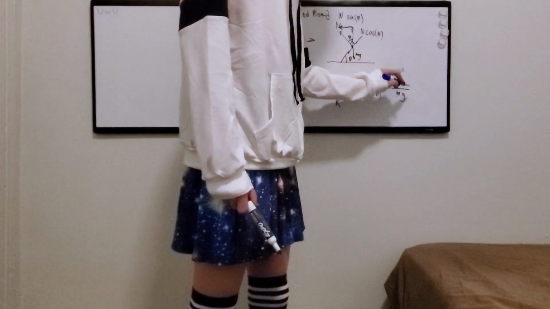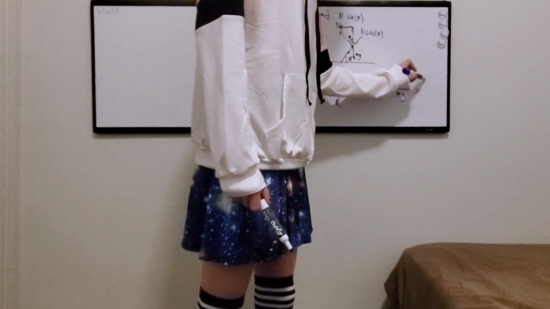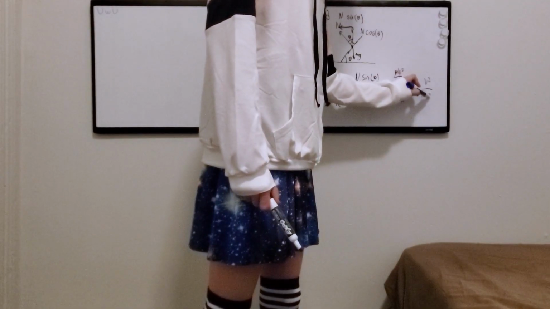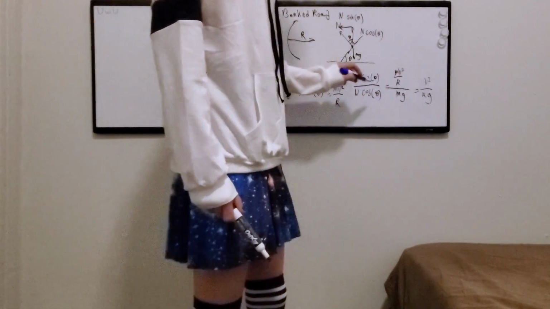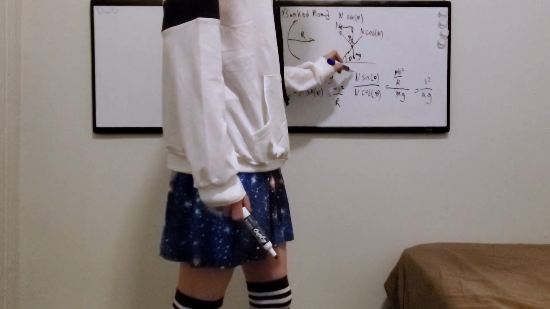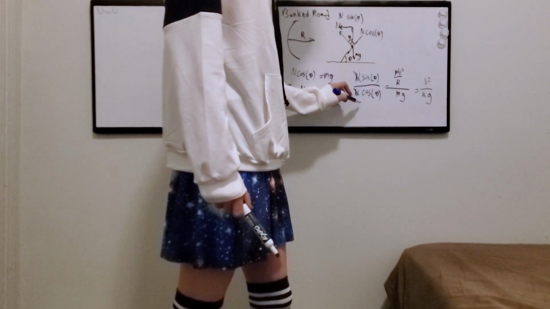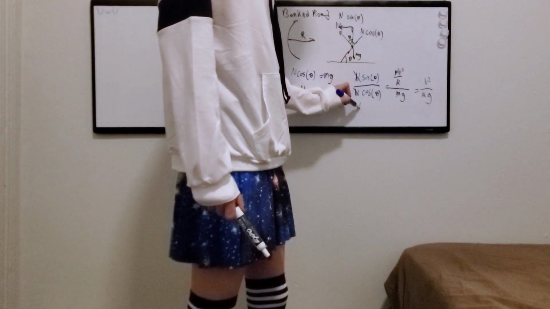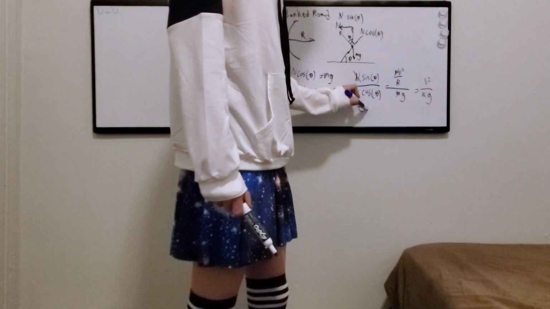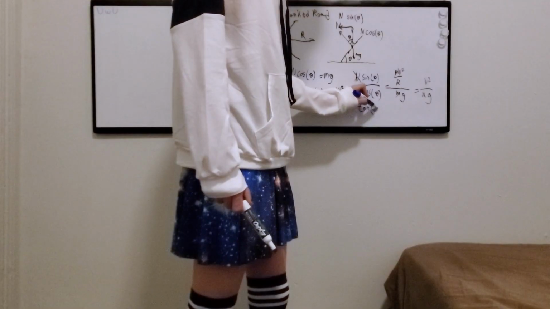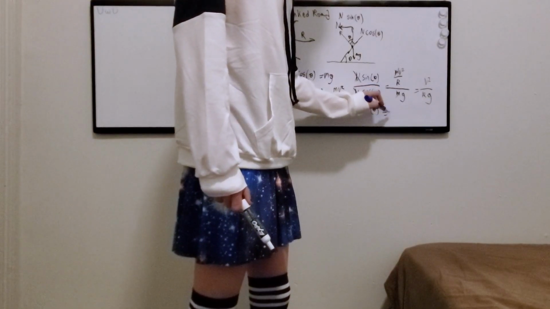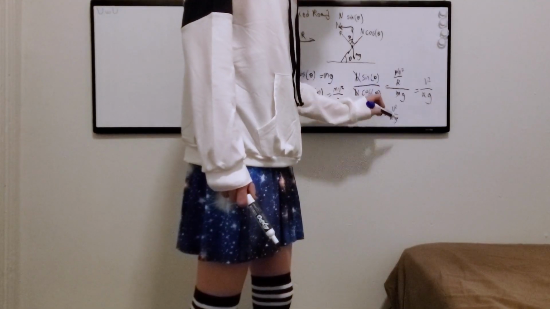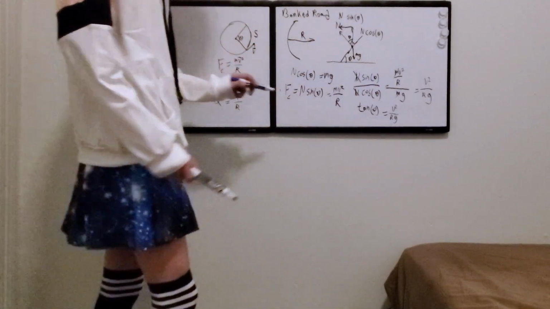These m's cancel, and then you get v squared over r times g. And so these N's here will also cancel, and sine over cosine, from a trig identity, is equal to the tangent of theta, and that is going to be equal to v squared over r times g. And there we go.